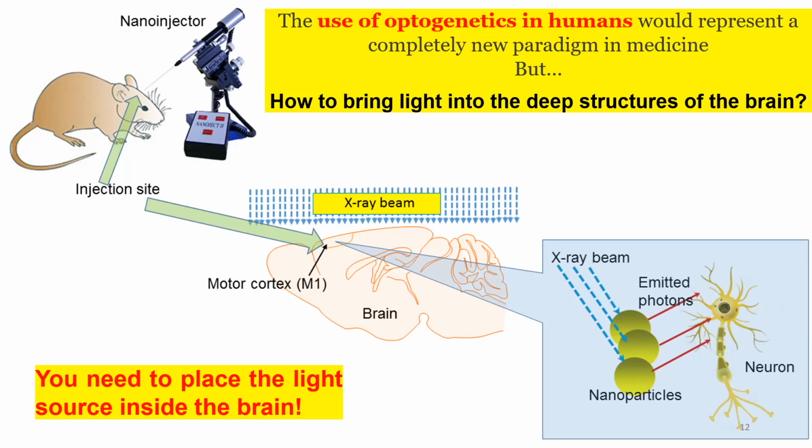So it's not a big deal to express channelrhodopsin in some cells deep in the brain, but it can be a problem how to bring light into the deep structure of the brain. We need to place a light source somewhere inside the brain, which is quite complicated. But using our technology, it has become possible.